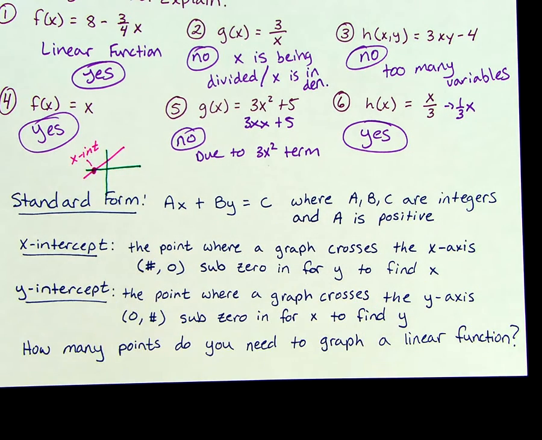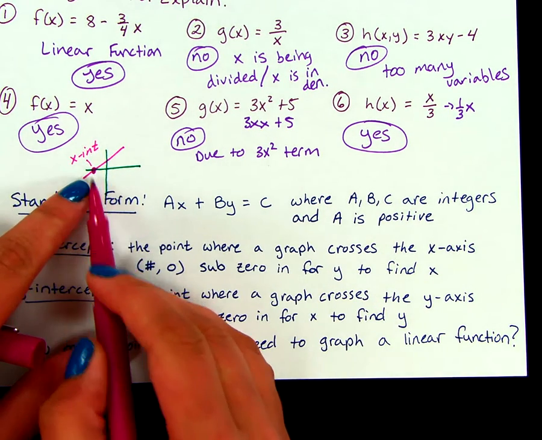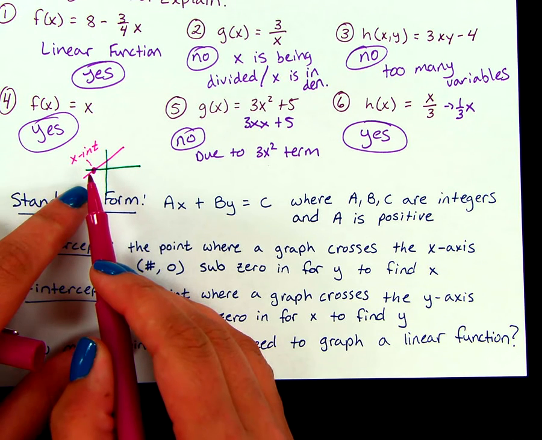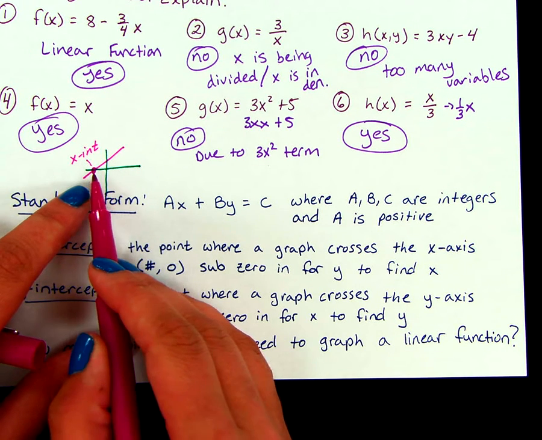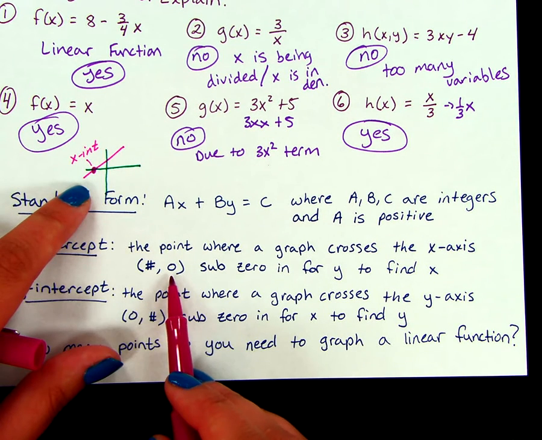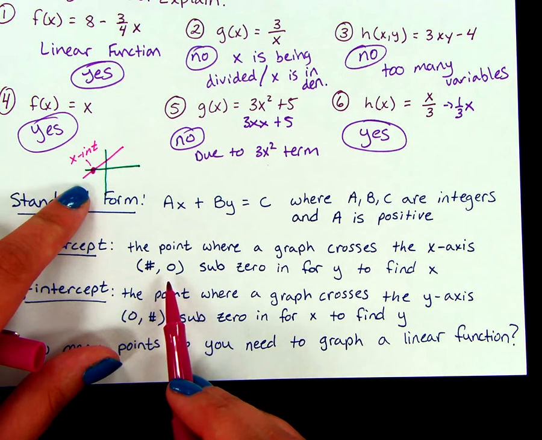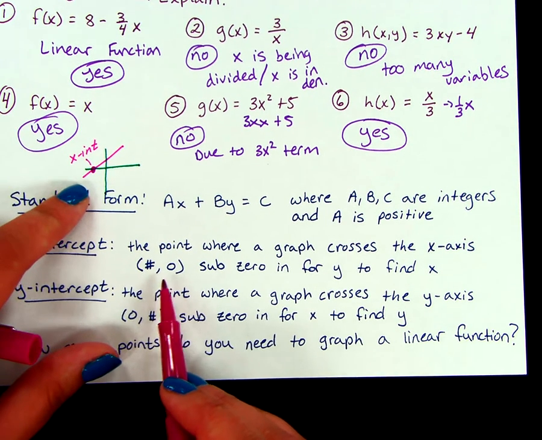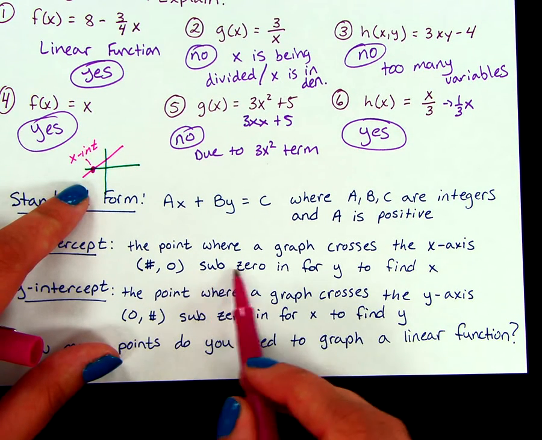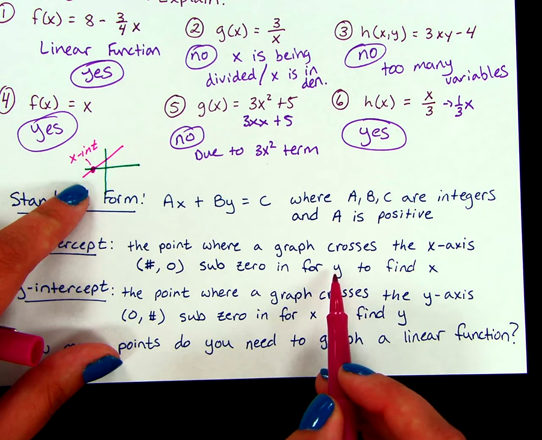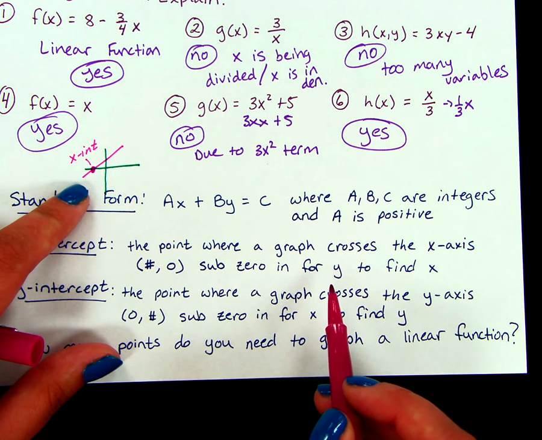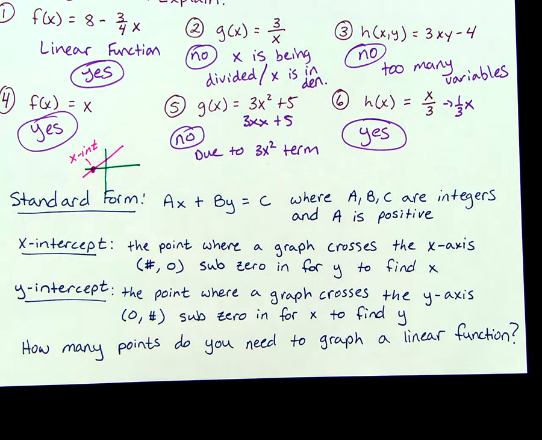So at this point, we have some number crossing the x-axis, and then our y value has to be 0. So if we have an equation and we're trying to find our x-intercept, we can substitute 0 in for y, and then simplify that to solve it to find x.